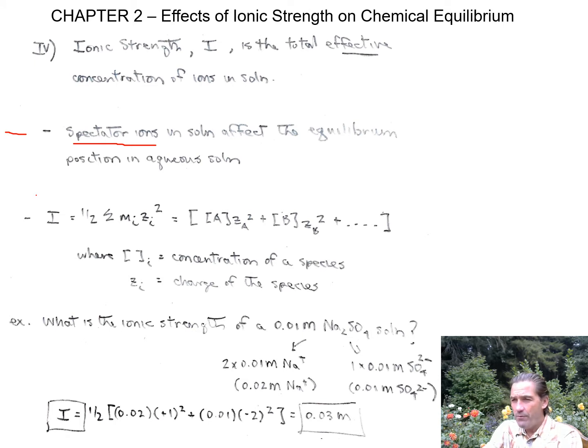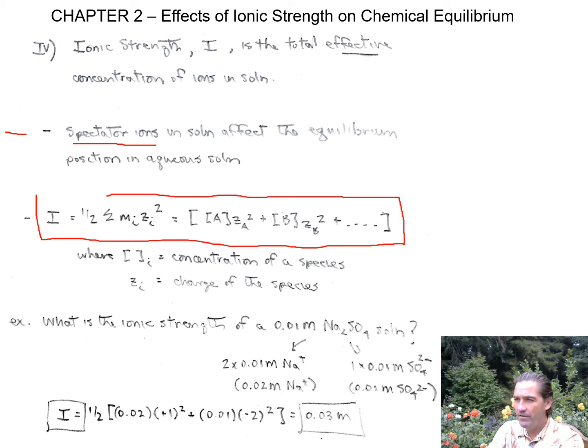And so the way that we calculate ionic strength is with this template of an equation here. And we'll do an example below and make it a lot easier than what it looks. Essentially all we're doing is adding up all the concentrations times the charges. The charges are squared of all the ions.